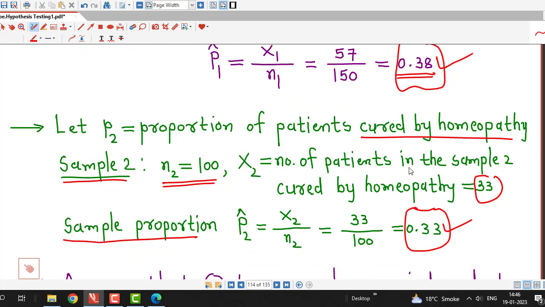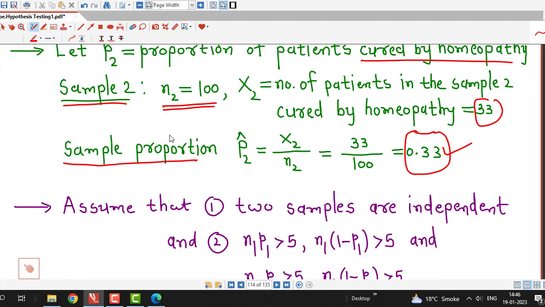We have to test the hypothesis on the difference between these two population proportions. Small p1 is the population proportion for allopathic treatment, small p2 is the population proportion for homeopathic treatment.